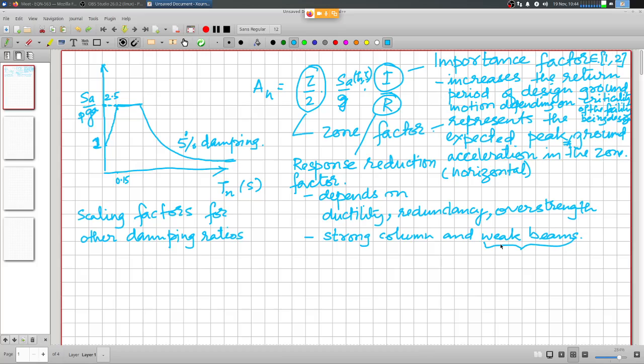You cannot use the same batch of reinforcement steel with much higher yield strength than what is assumed in the design calculations, right? Otherwise it's a catastrophe waiting to happen.